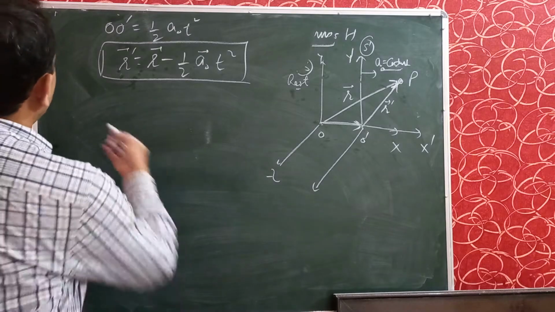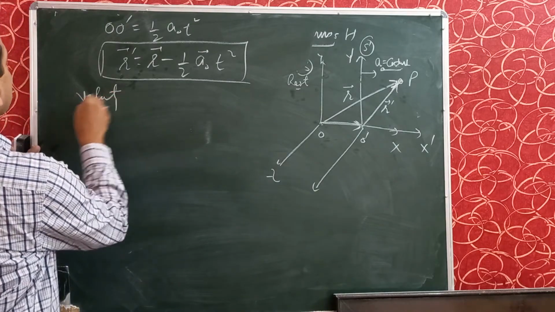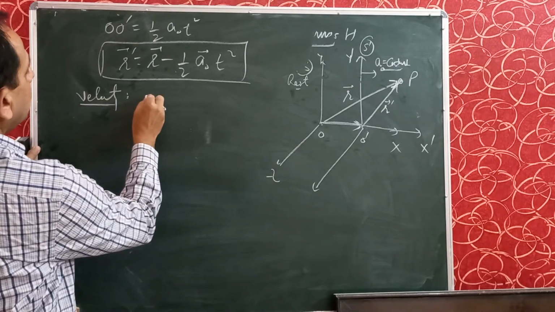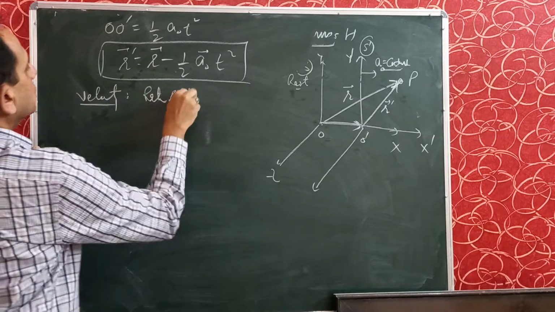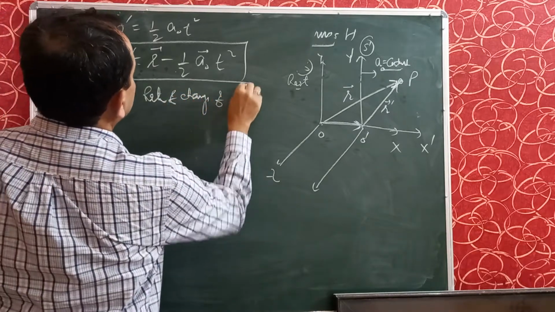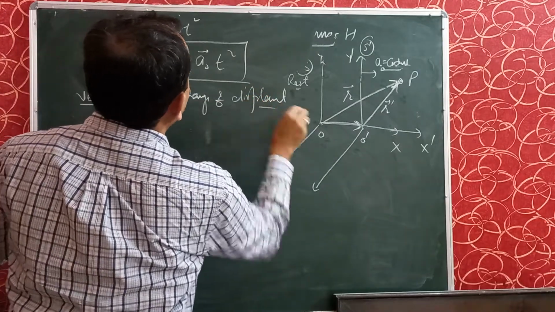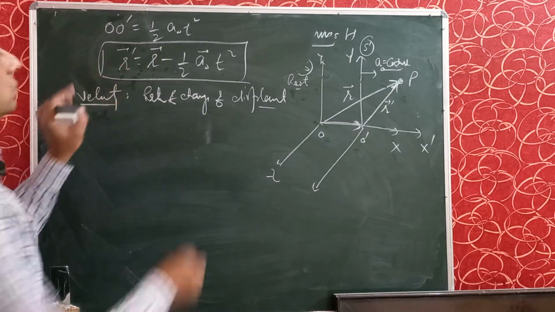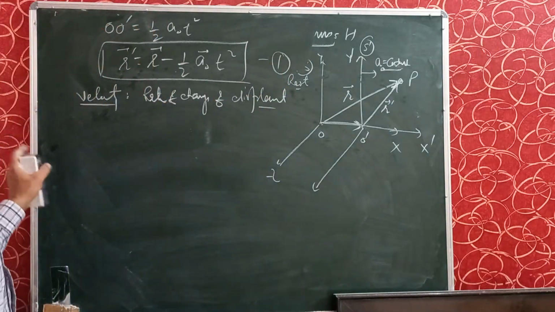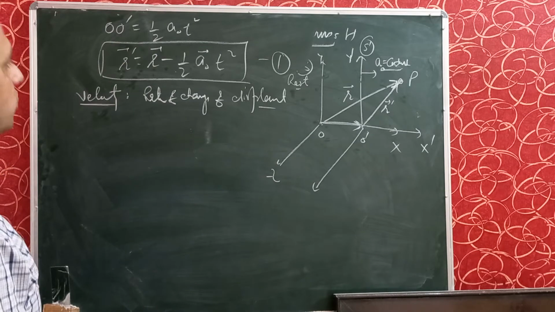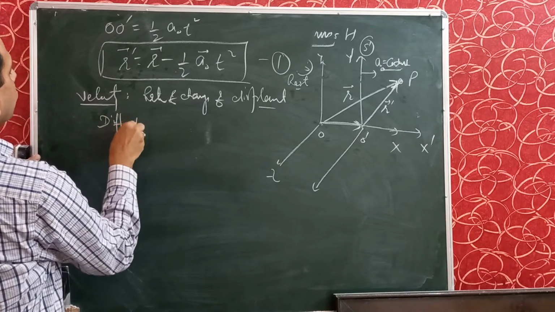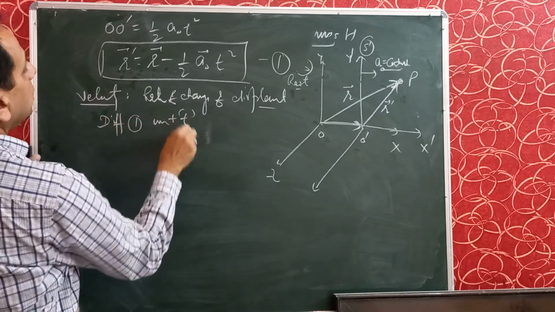Now the relation for velocity. So this is position or displacement. Now velocity, we know that velocity is the rate of change of displacement or position vector. So we can find the formula for velocity by taking the derivative of equation number 1 with respect to time t.